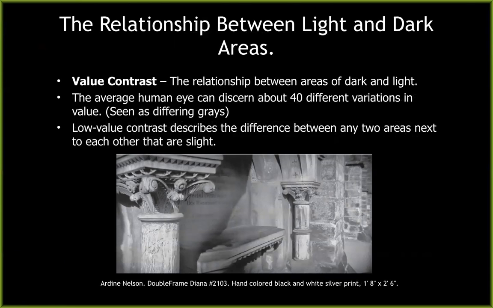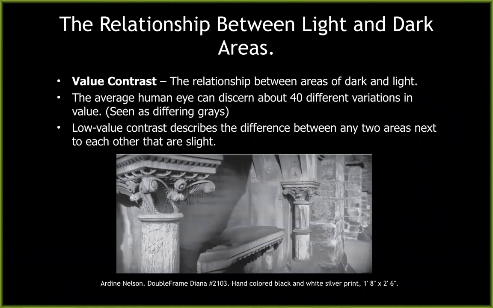This photograph that we're looking at here has a wide range of values between dark and light, and this is a really great example of how great photographers don't just take pictures, they compose them.